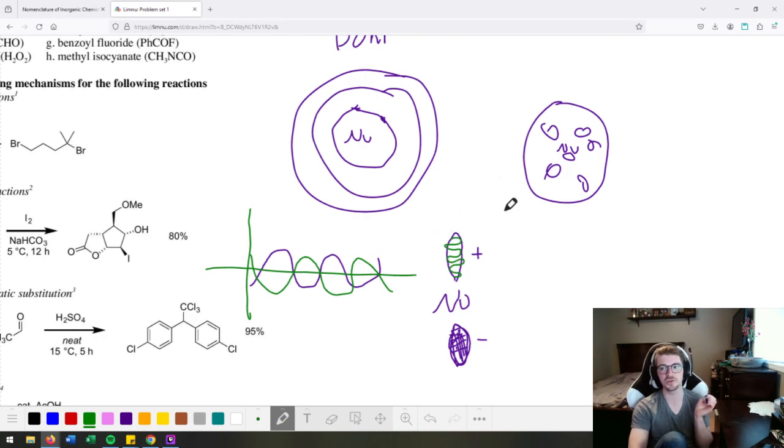Yeah, you could say that. All of these orbitals have positive and negative portions of them, except for the s orbitals, which are just spherical around the nucleus.